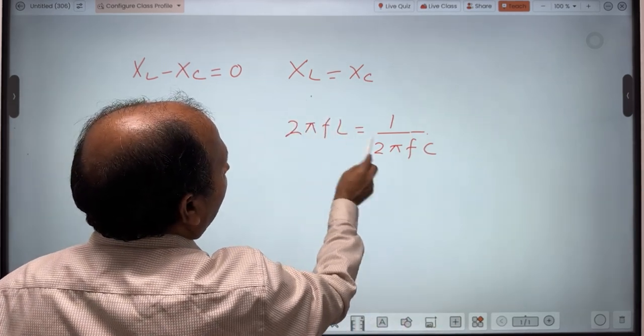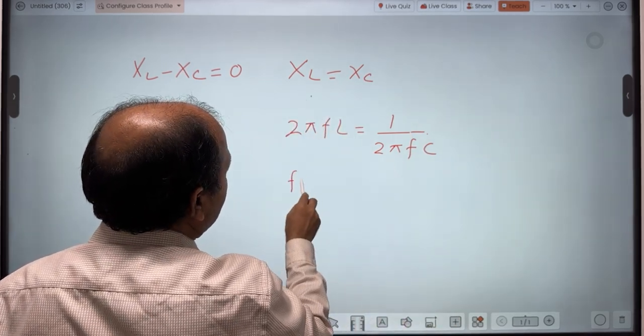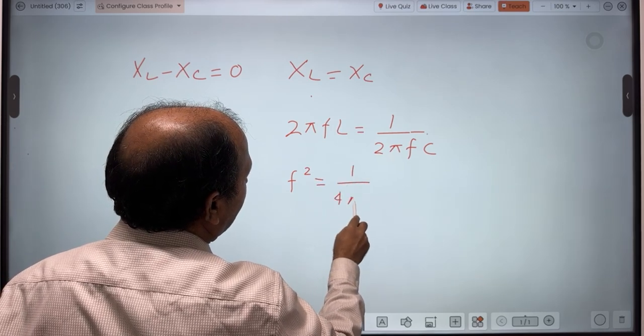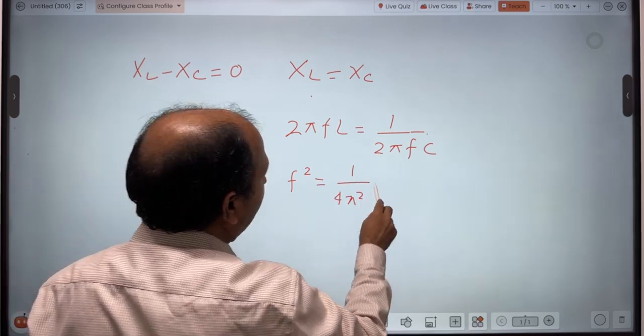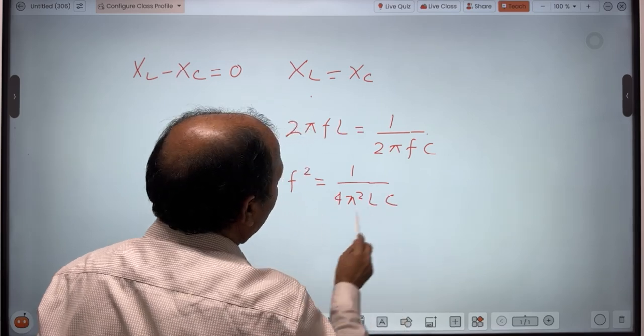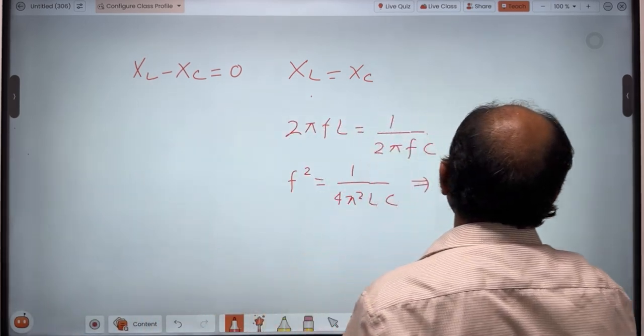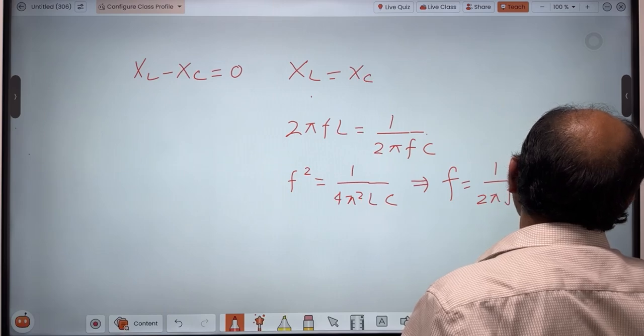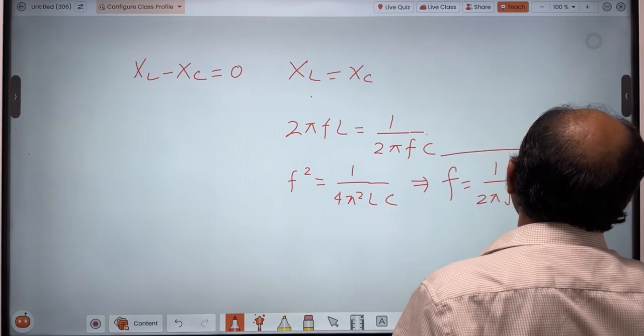So here we can keep this F on the LHS. So F square equal to 1 upon 4 pi square LC, or this gives F equal to 1 upon 2 pi root LC.